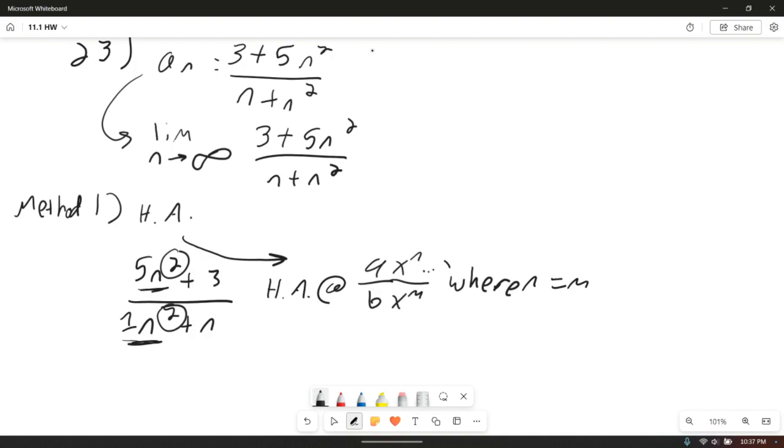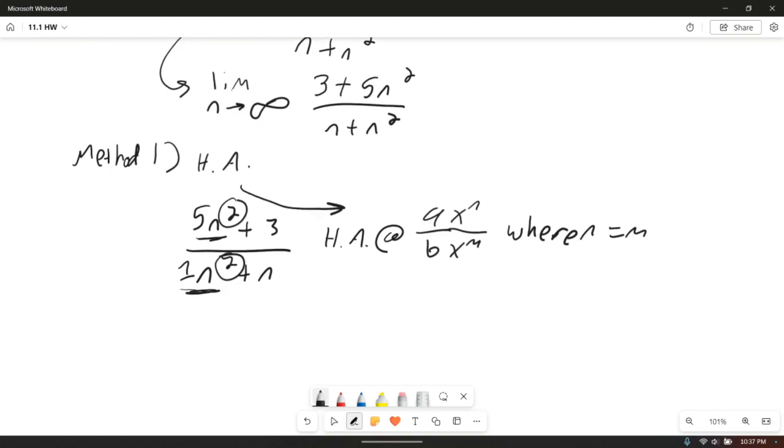And this would continue to x to the n minus 1, plus whatever constants you have here, but all that you're looking at is the leading coefficient of your highest degree.